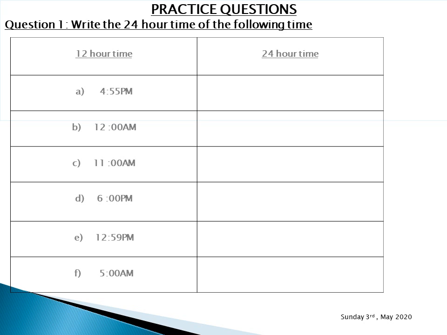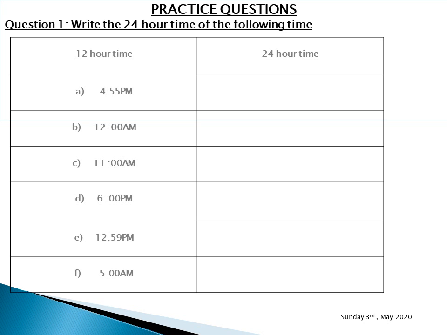Now here is question 1. You write the 24-hour time of these 12-hour times. Okay, now you'll need to pause the video because we have 3 slides where the questions are. After I have finished giving the instruction, you will need to pause the video and write out your answers. Now you write question 1, A. Then write the 12-hour time and write the equivalent 24-hour time.